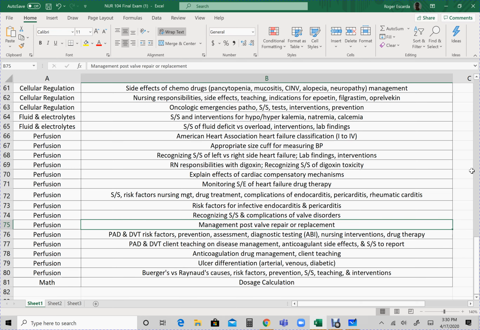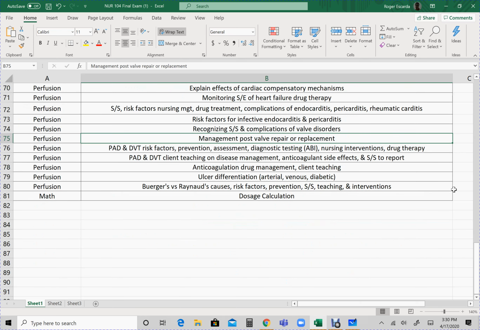So that's valvuloplasty. On chapter 36, PAD and DVT, risk factors, prevention, signs and symptoms, diagnostic testing. So we have here another question on ABI, nursing interventions, and drug treatment for both.